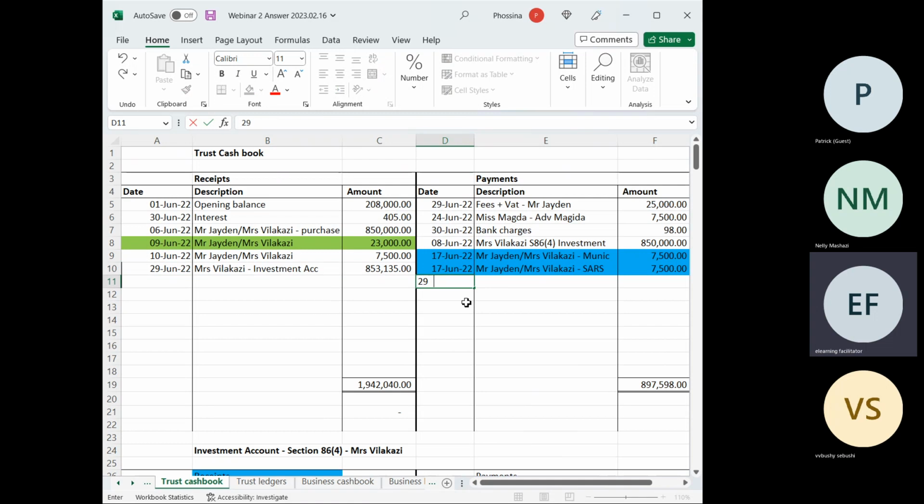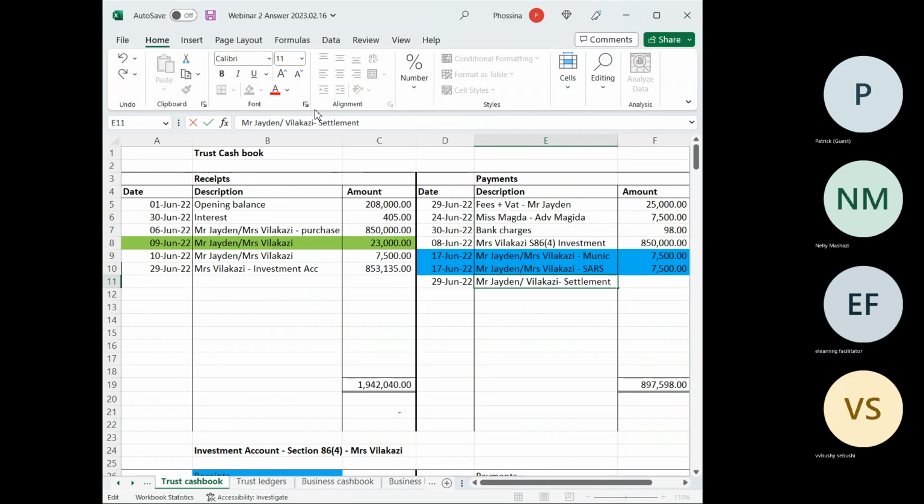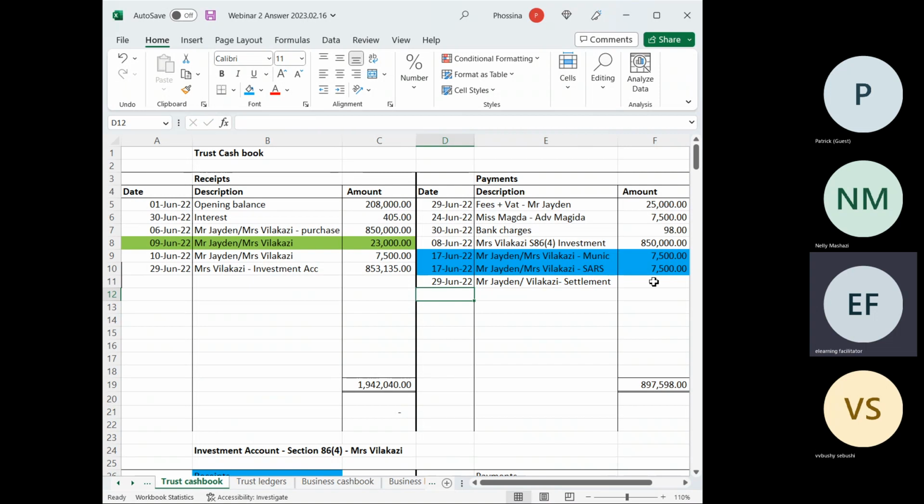So on 29 June 2022, now we are paying off to Mr. Jaden. So it's the settlement. So we can still just show that our file is Jaden stroke Vilakazi, so that we can trace it.